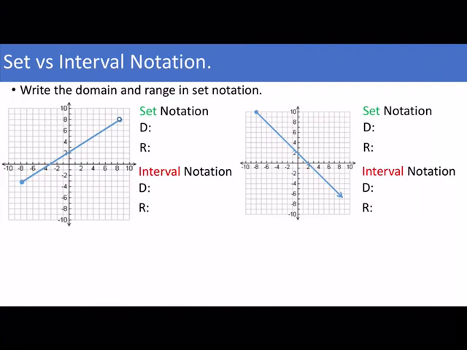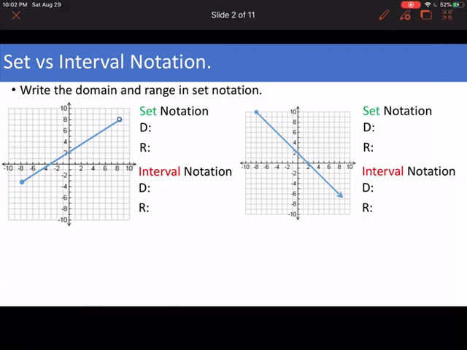Right, so let's start with interval notation. So I have some graphs, and we're going to write it in set notation first. It's a little formal, right? We have x such that. And we see for this one, the x value is going from -8 to, okay, I think it meant to be +8.